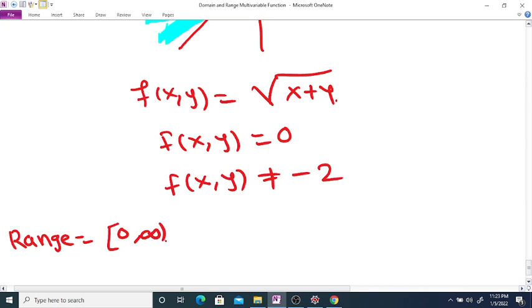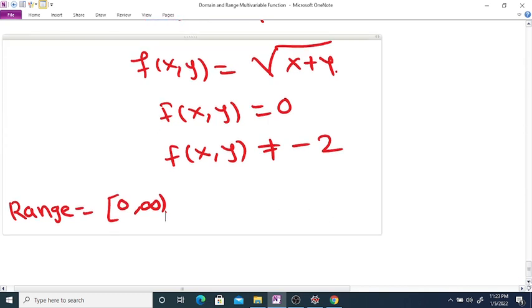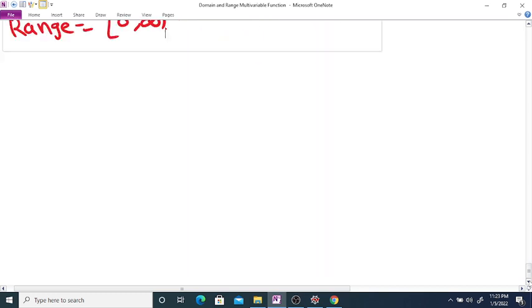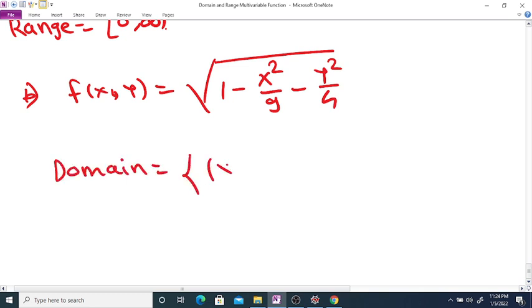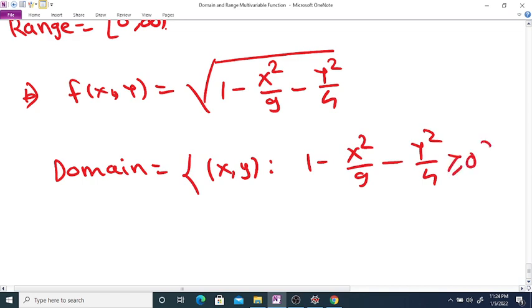Now next, if you consider one more example, say f of x y is equal to square root of 1 minus x square by 9 minus y square by 4. Again it is a square root function, so its domain is the collection of all x y such that 1 minus x square by 9 minus y square by 4 is greater than or equal to 0.